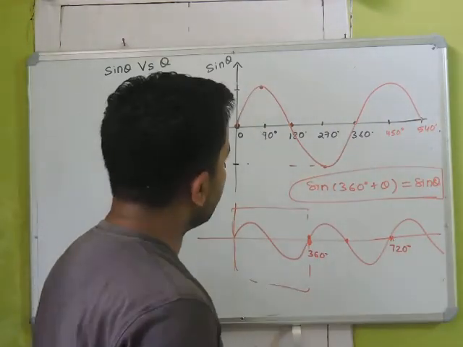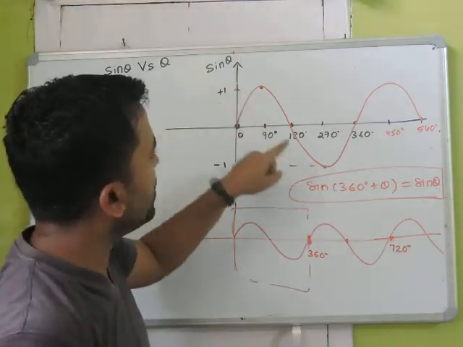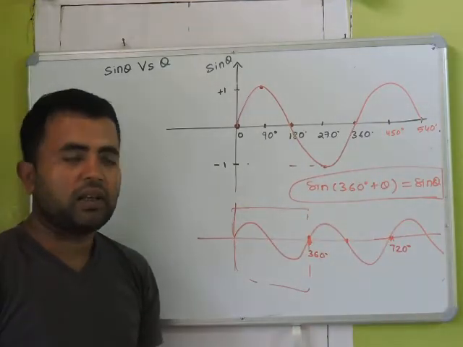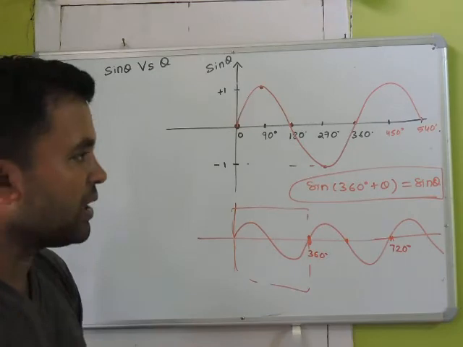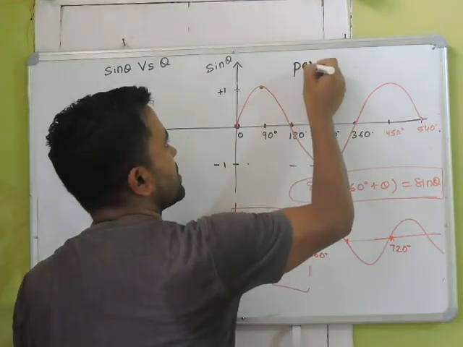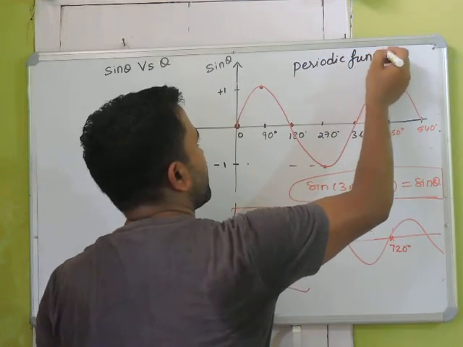So the sine function goes up and down. Its maximum value is +1 and minimum is -1, and this is called the sine function. You should understand that this is called a periodic function, and a periodic function plays a very important role. Why is it called a periodic function?